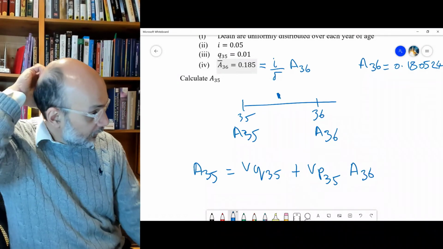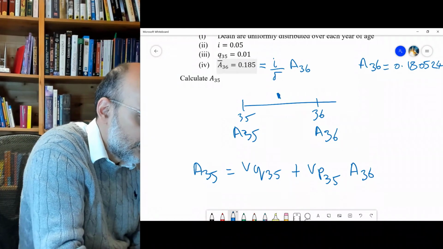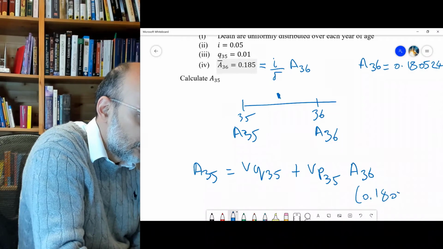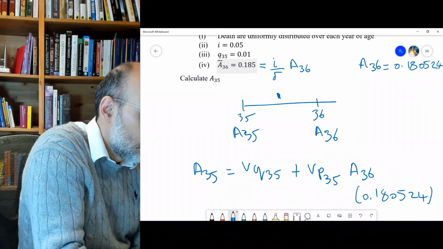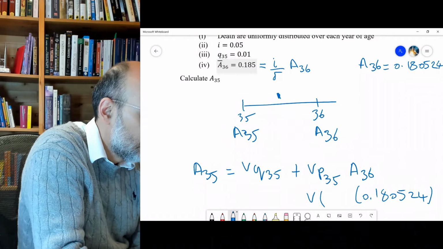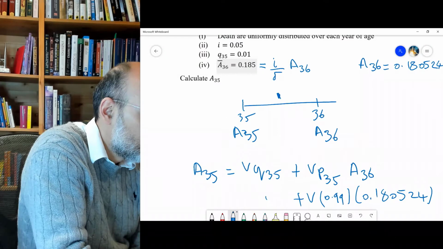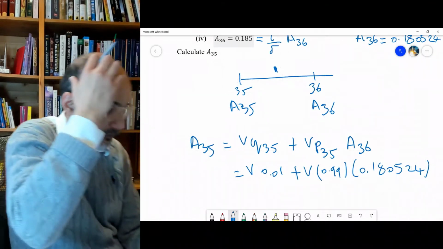Right. So let's see what we have. We have A35, this one, we already calculated it. We have the V already, and we have P35 is the opposite, 0.99 plus 0.01 V. Let's do that.